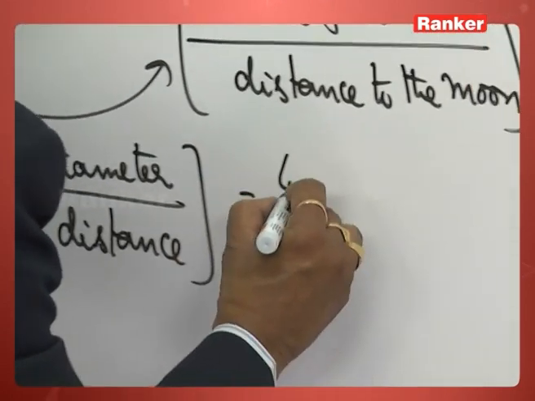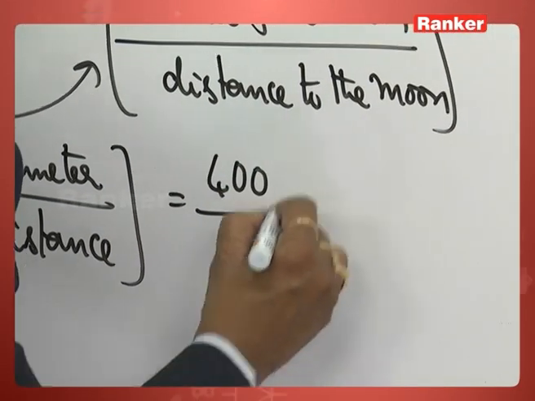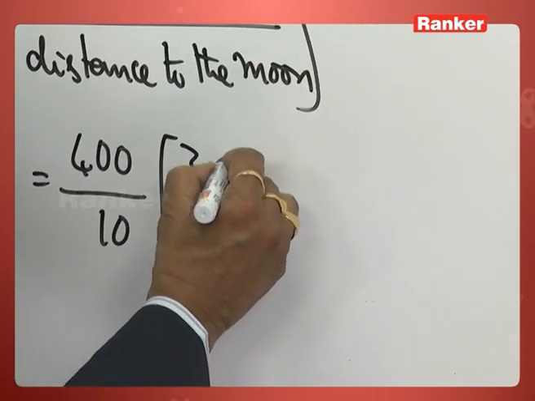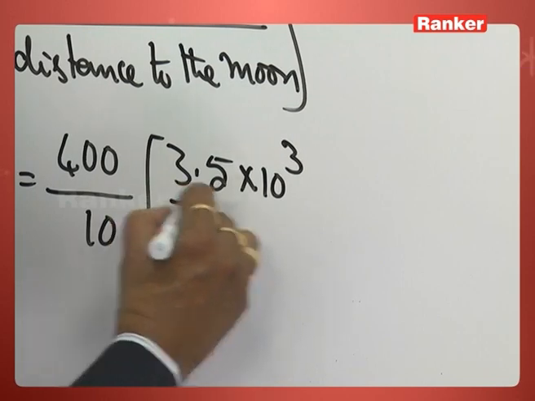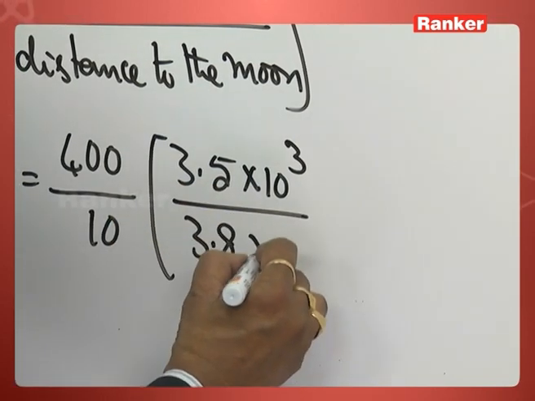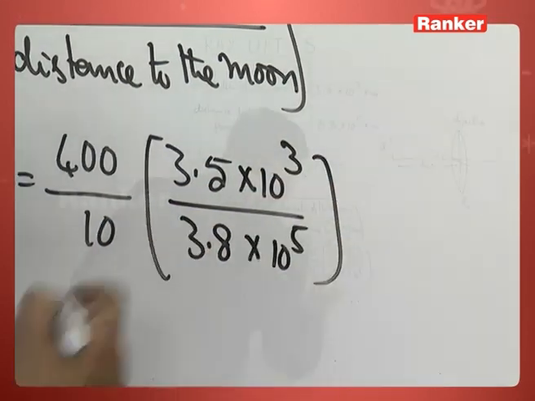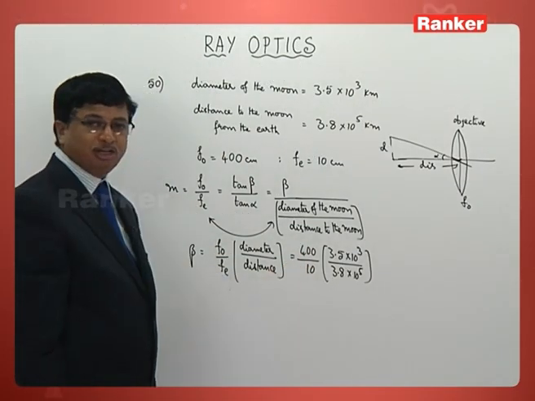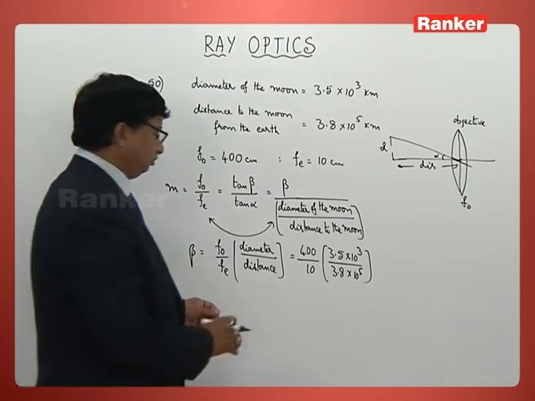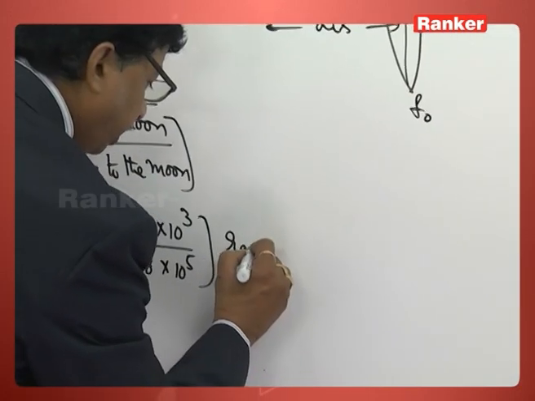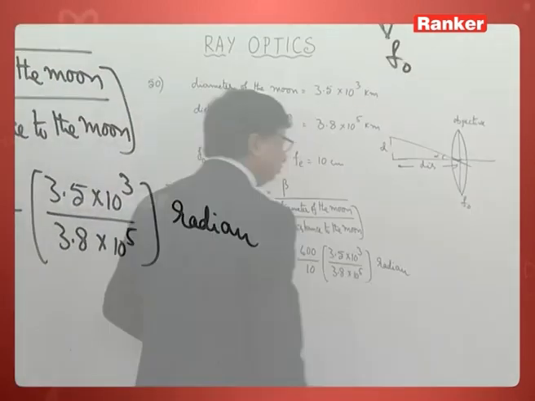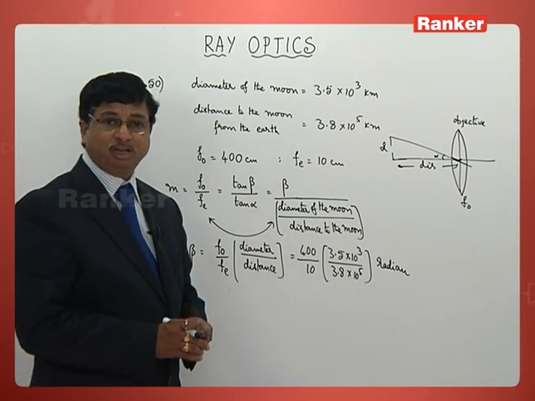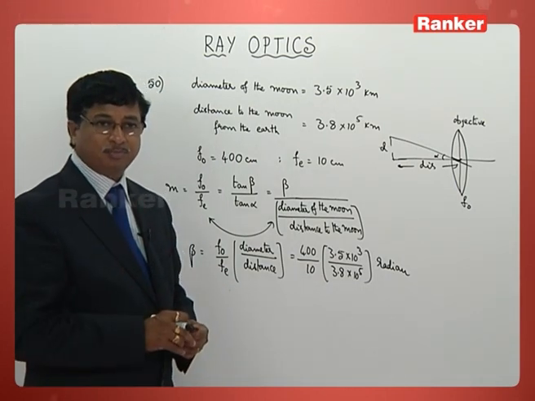FO is given as 400, FE is given as 10. Diameter is given as 3.5 into 10 cube and distance is given as 3.8 into 10 power 5. But you will get this value in radian. We want the value in degrees because the options are given in degrees.